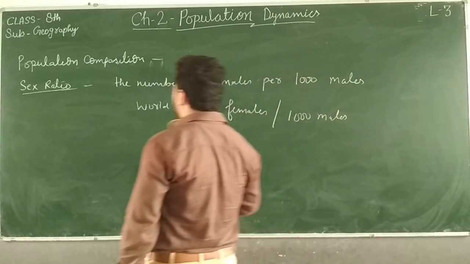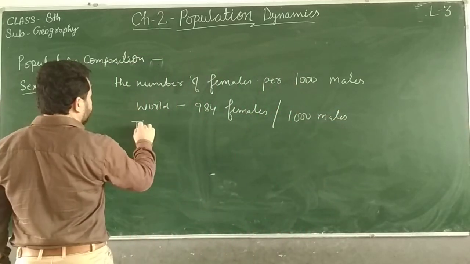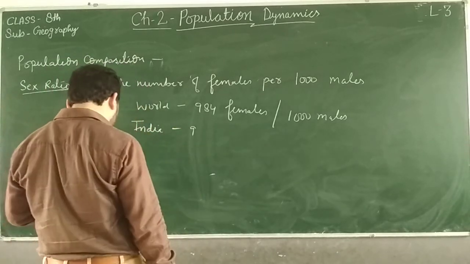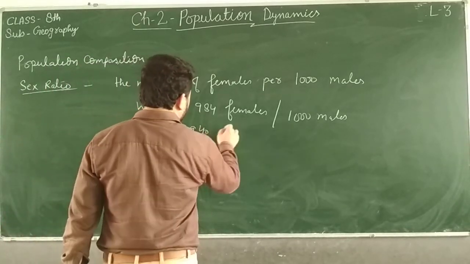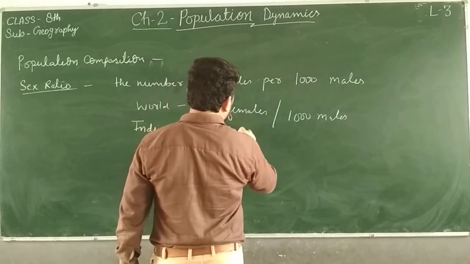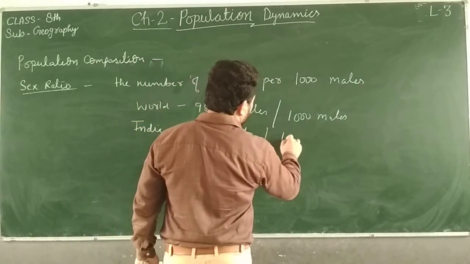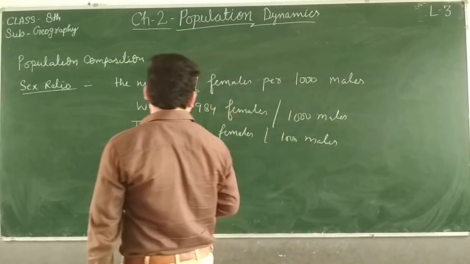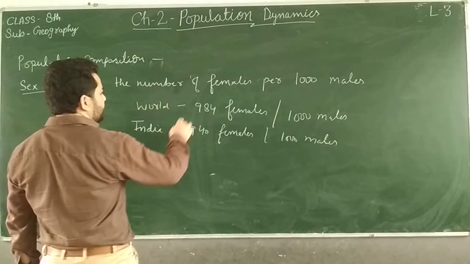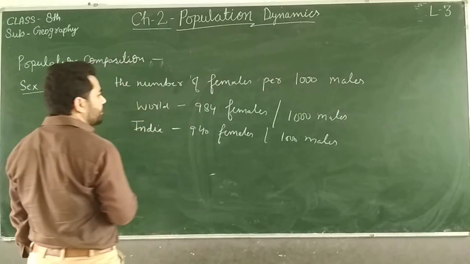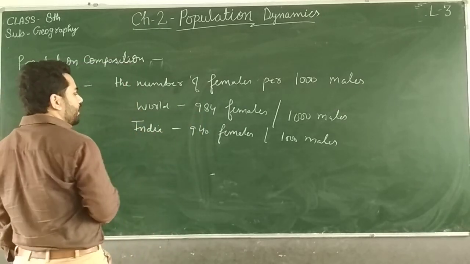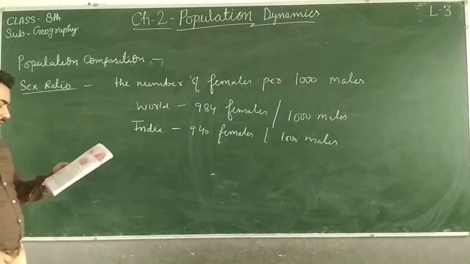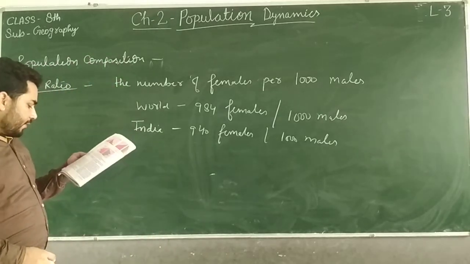This is the sex ratio of the world, and the sex ratio of India is 940 females per 1000 males. So first of all, the sex ratio of the world is small, and here India's is further lesser.